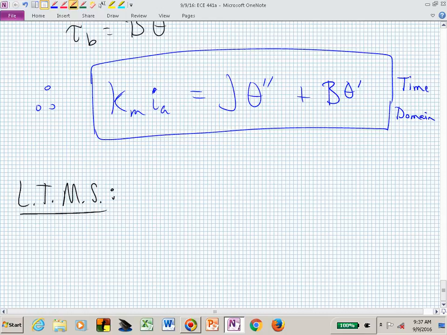That's usually in most of the text that you read, isn't it? LTMS. What happens if we Laplace transform that time domain equation? What happens to k sub m? It's a constant. That one's easy. What if we Laplace transform I sub a? It's I sub a. Did you understand the difference? I sub a was lowercase. I sub a was capital.